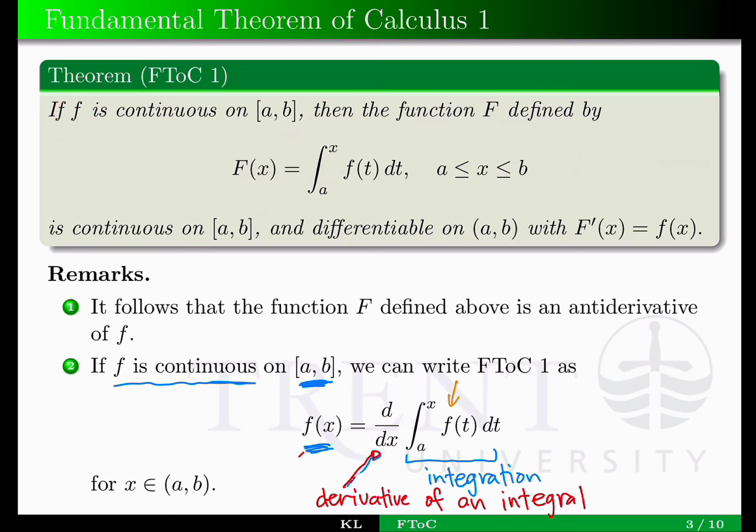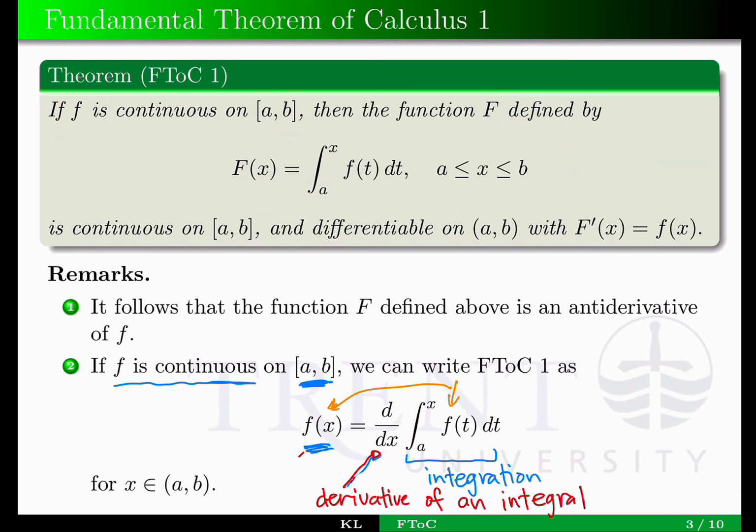This is f here. We integrate that and then take the derivative again, and we are able to get f again. So the derivative cancels the effect of an integral.